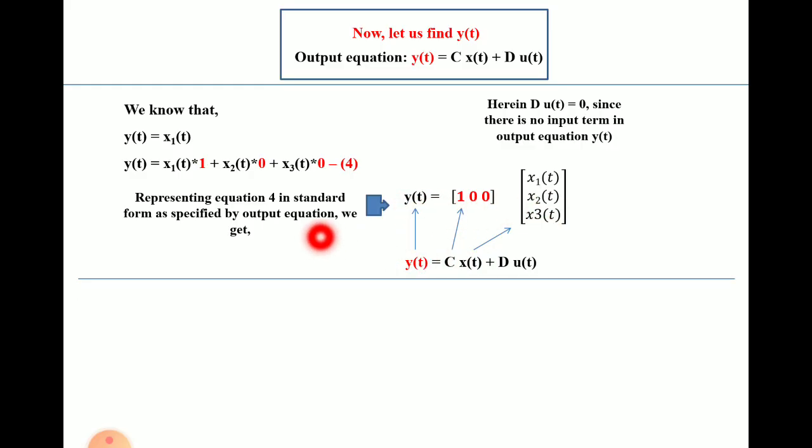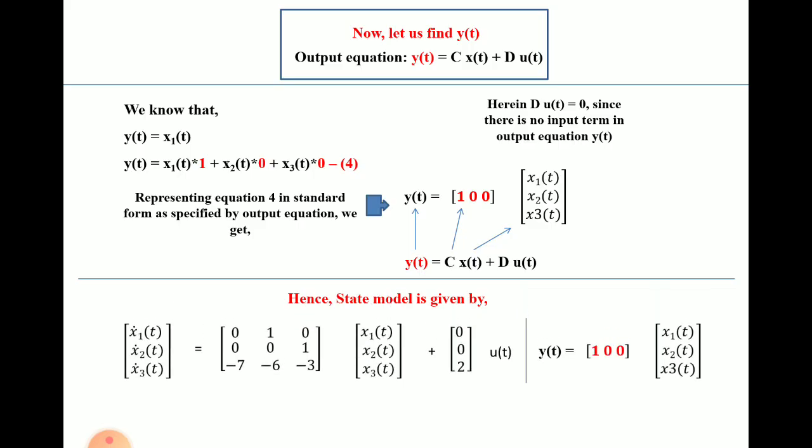Now if you represent both state equation and output equation together, it is called the state model, not state equation, state model. Hence the state model is given by a combination of state equation and output equation. Here you can observe that the state equation is represented in the general form x dot of t is equal to A into x of t plus B into u of t.